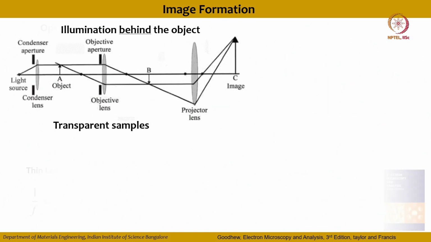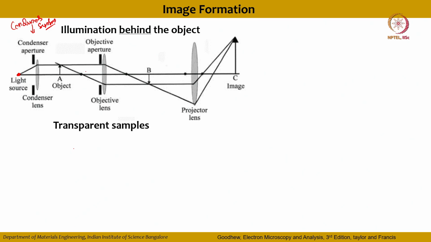That's why the next thing comes as one more attachment which is called a condenser system. It means that before the objective lens, you will have a certain light source.